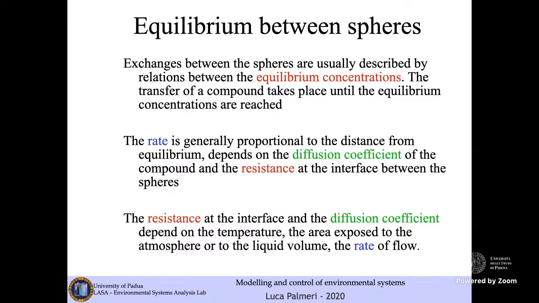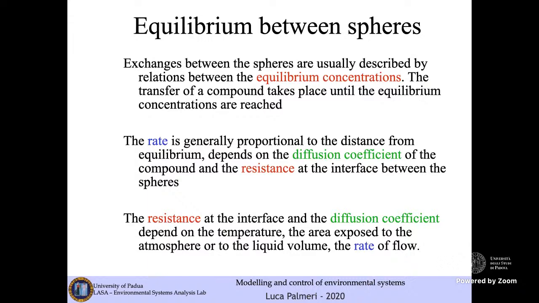The rate of a transfer is generally proportional to the distance from the equilibrium, so how far we are from the equilibrium concentration, and depends on the diffusion coefficients of the compound, so it depends on specific characteristics of the compounds you are studying, and on the resistance at the interface between the spheres. In physics we call it the cross section, la sezione d'urto.